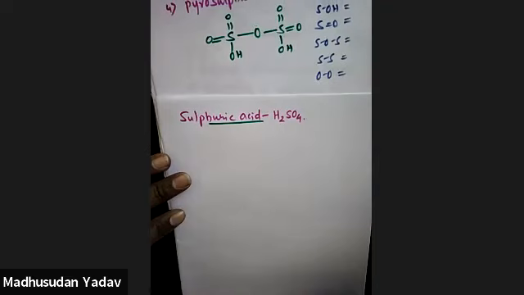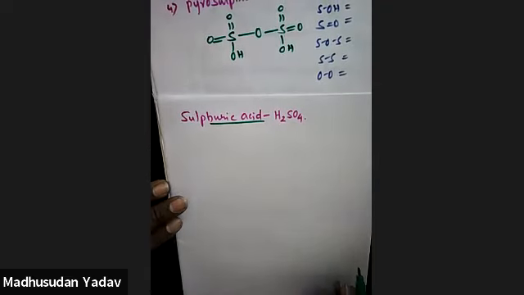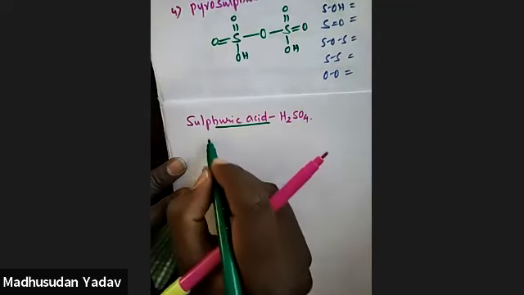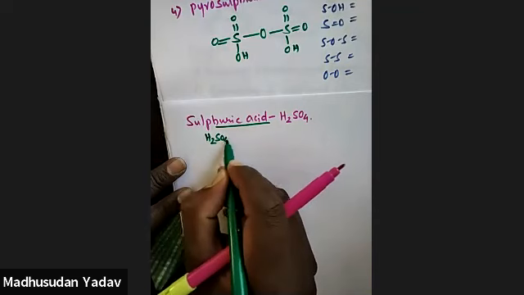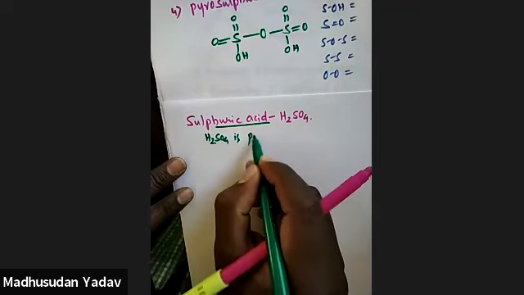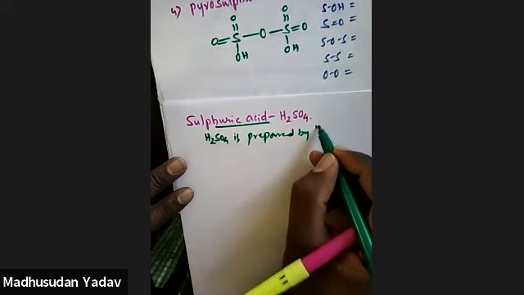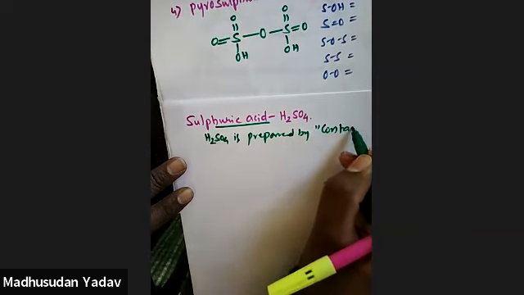Okay. Its properties and preparation methods we'll see now. H2SO4 is prepared by what? The contact process.